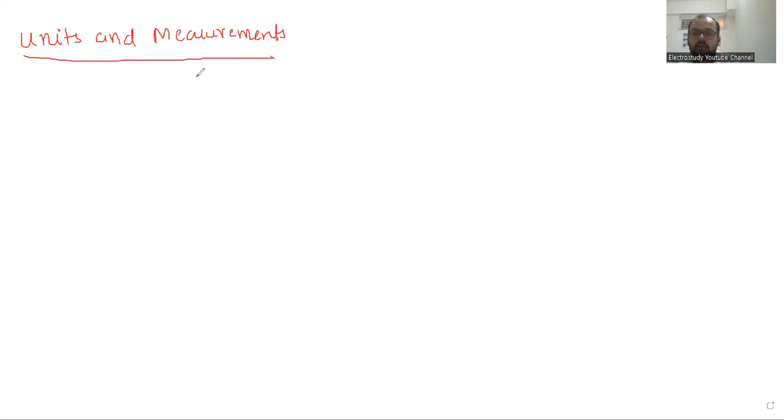The first part is units and measurement. Let me write the title. We'll be discussing the fundamental units and derived units.